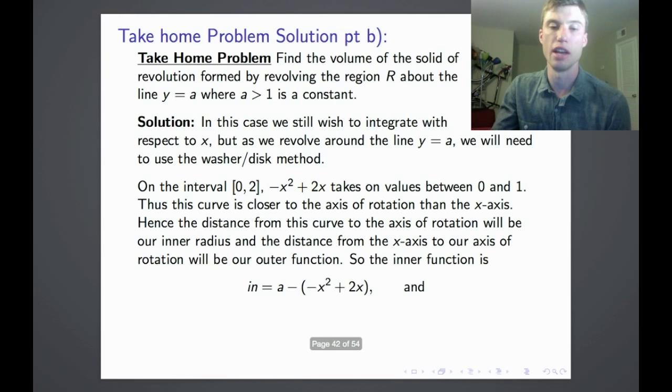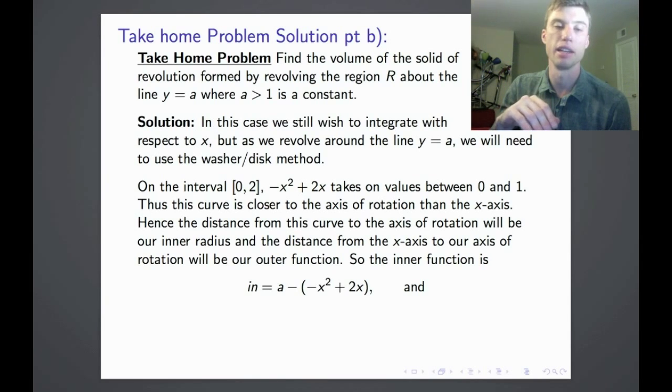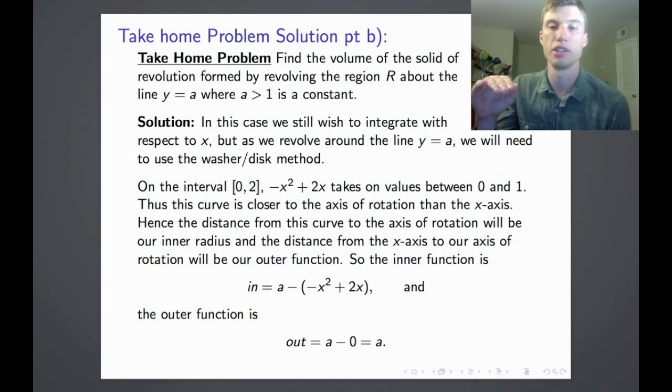So the inner function will be the distance from the line to the curve, which is exactly a minus negative x squared plus 2x. And the outer radius is the distance from the axis of rotation to the x-axis, which is just a.